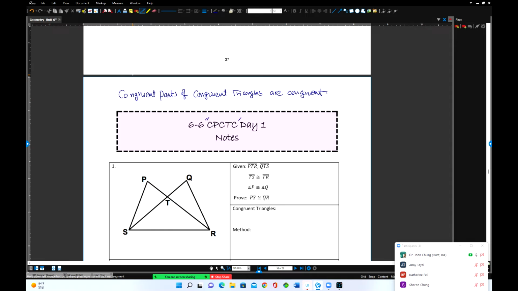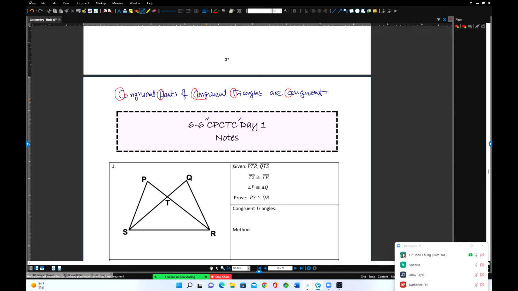This is just C, P, C, T, C. Okay, that means what? Before you say CPCTC, you have to prove the triangles are congruent. After that, you can say congruent parts of congruent triangles are congruent.